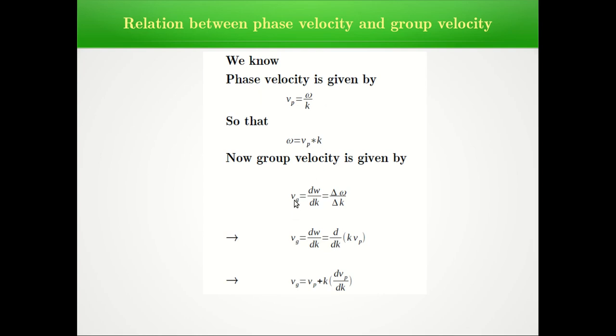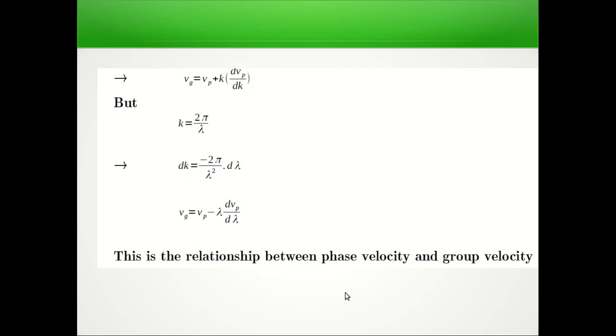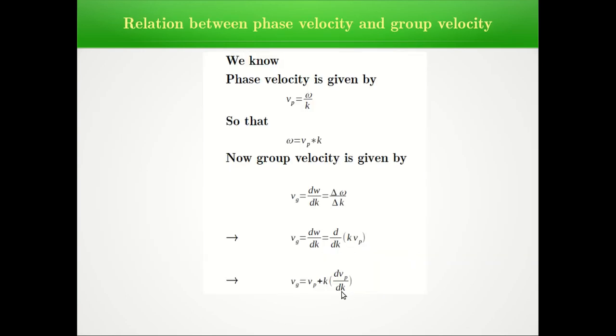But the group velocity is the derivative of omega with respect to k. Substituting the value of omega, we will get Vg, that is group velocity, equal to phase velocity Vp plus k into the derivative of phase velocity with respect to k. This is the expression in terms of propagation constant k.